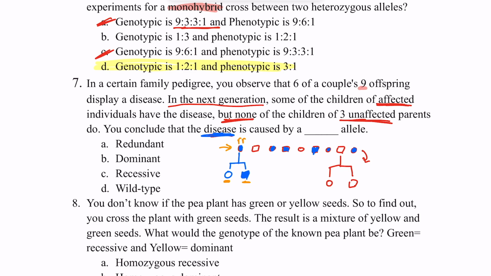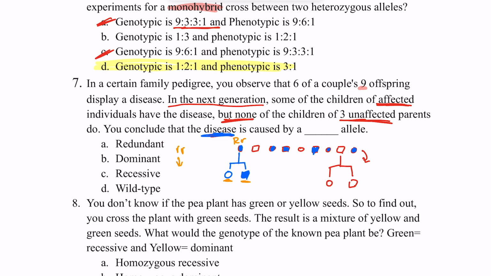Now, let's say this disease is heterozygous, or this person's heterozygous. Then it would make sense that there's someone who's affected and someone who's unaffected. So we know at least the people that are affected, they have to be heterozygous, because if they're only recessive, then they're always going to produce the same offspring.